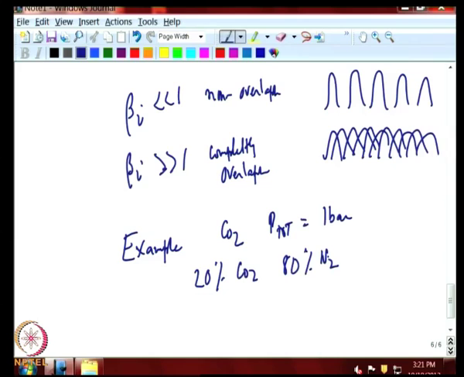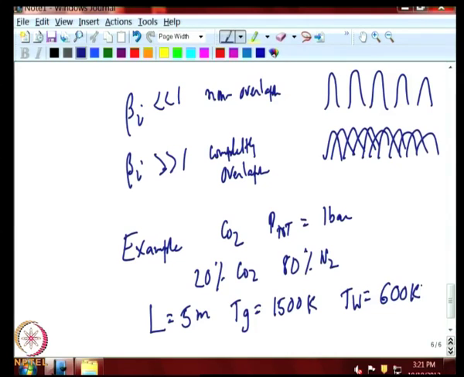This is a typical situation in the case of a furnace after combustion, mostly it is CO2. Let the length scale be about 5 meters, that is the distance between the walls of a furnace. Let the gas temperature be of the order of 1500 degrees Kelvin, typical of a furnace example, and the wall temperature which is 600. All these numbers we are given are ones which occur quite commonly in furnaces.